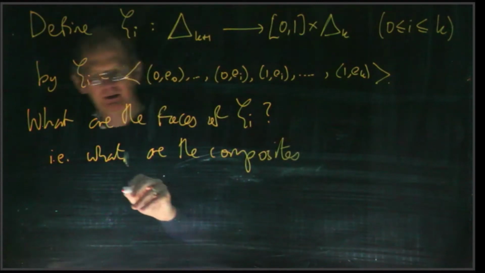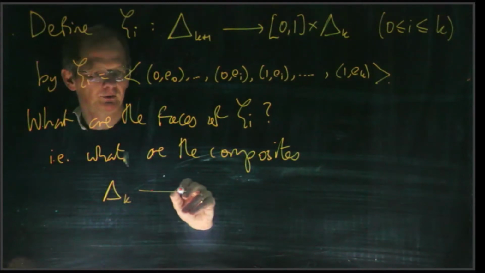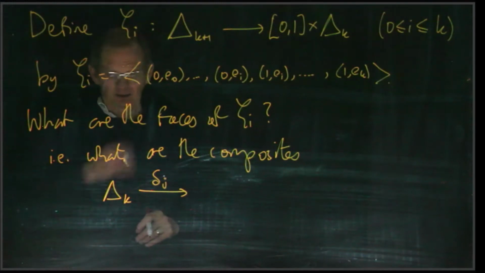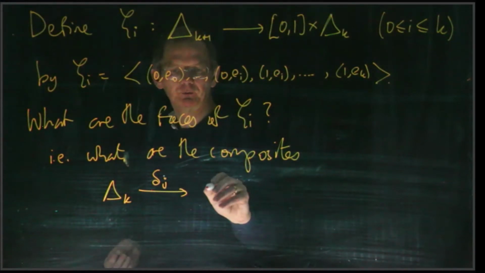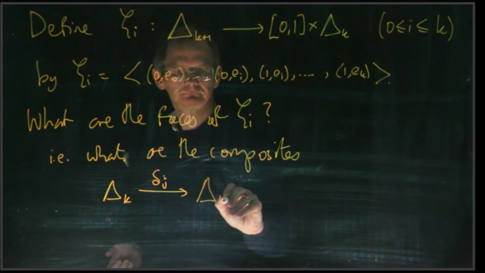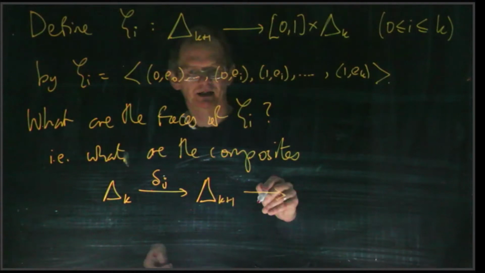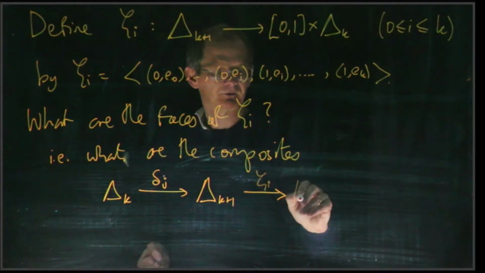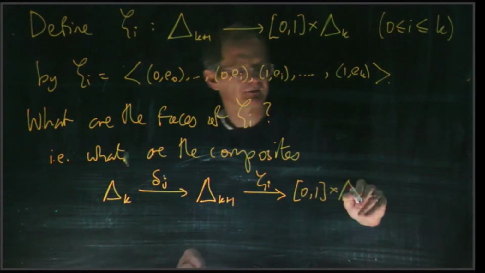So in other words, we're looking at the composites from delta k, going in by doing a face map delta j into delta k plus 1, and then we do the zeta i into 0, 1 cross delta k.